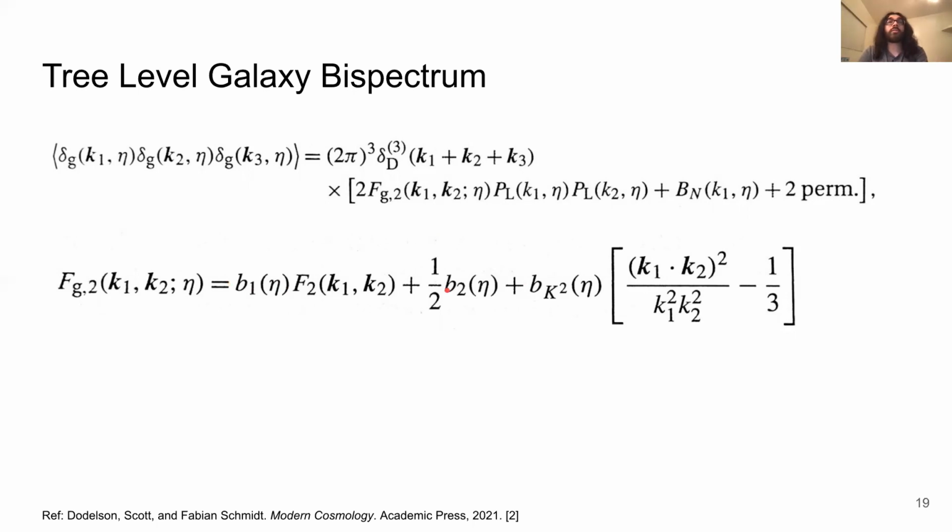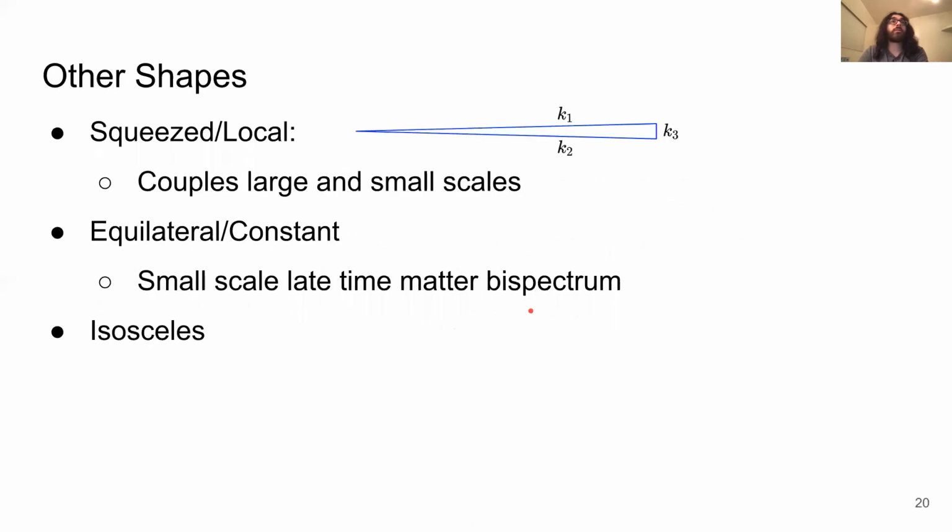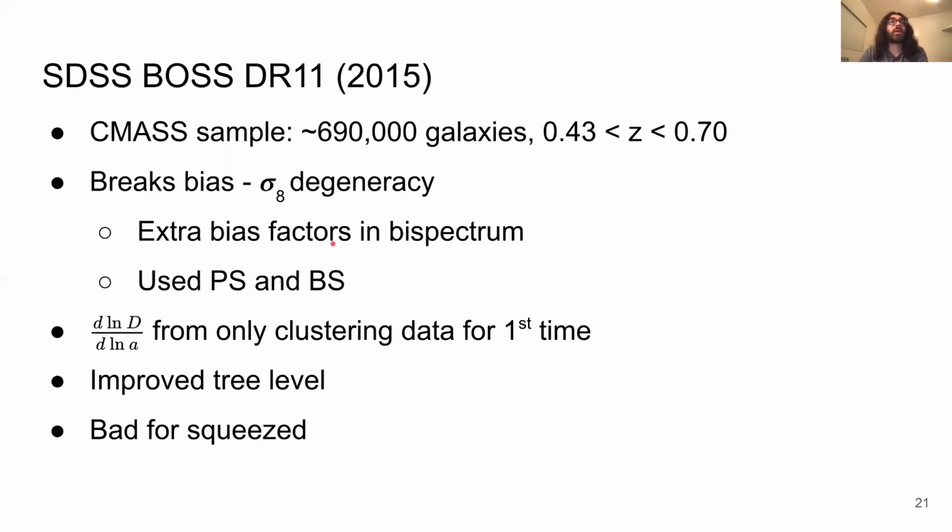But when you add in these extra bias factors and fit the model to the data, then we can constrain the bias factors separately from sigma 8. And this was done by using both the power spectrum and the bispectrum. It was also rather impressive because it was able to calculate the rate of the growth of structure, so the dn, dA essentially, where A is the scale factor, from only clustering data, which is the first time that's ever happened.